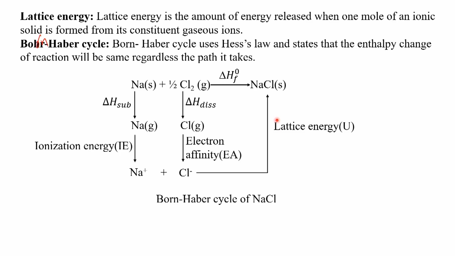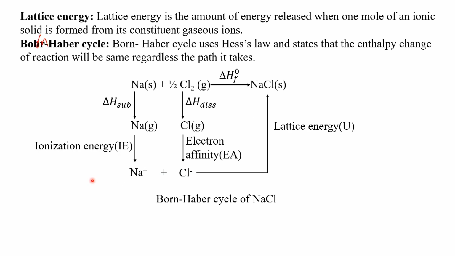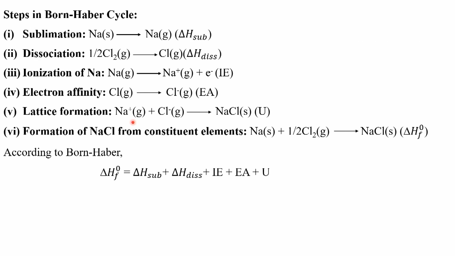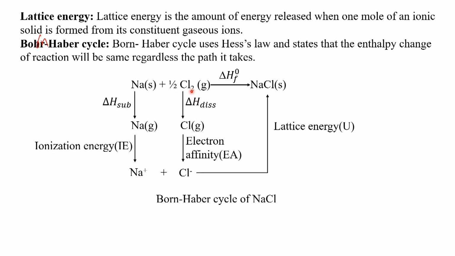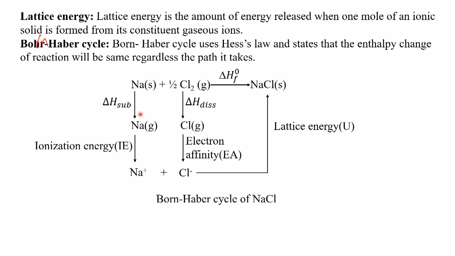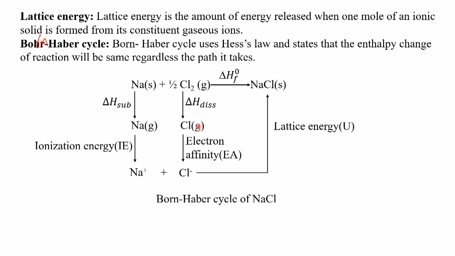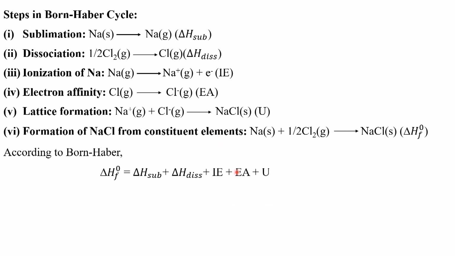Now how can we calculate lattice energy? According to the Born-Haber cycle, the enthalpy of formation, delta H naught f, involves these steps: delta H sublimation, then delta H dissociation of chlorine, then the ionization energy from Na gas to Na plus gas, then, to get Cl minus from chlorine gas, plus electron affinity.